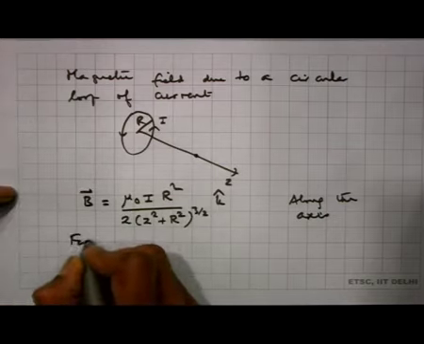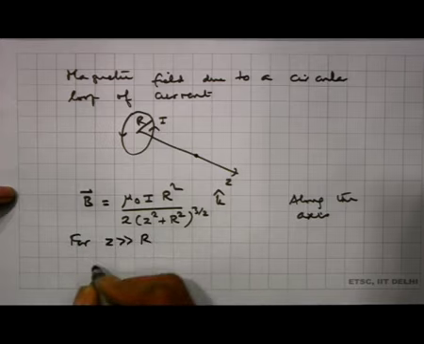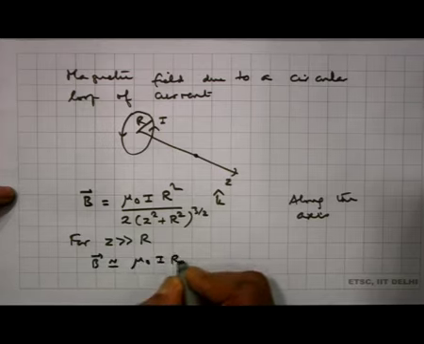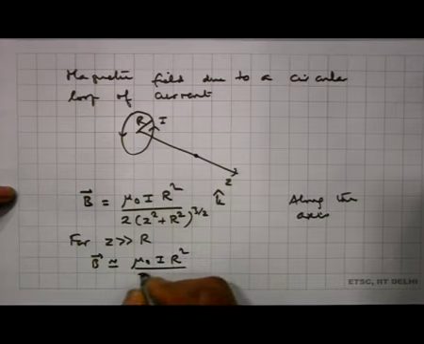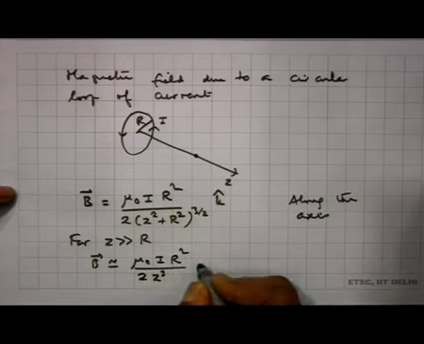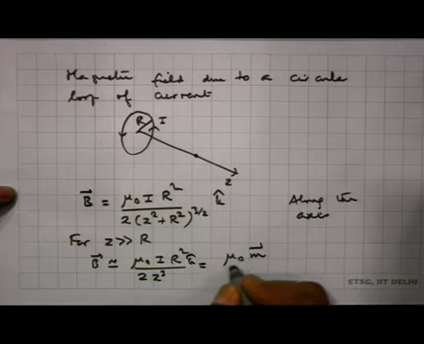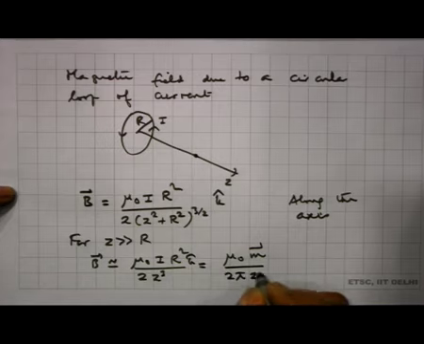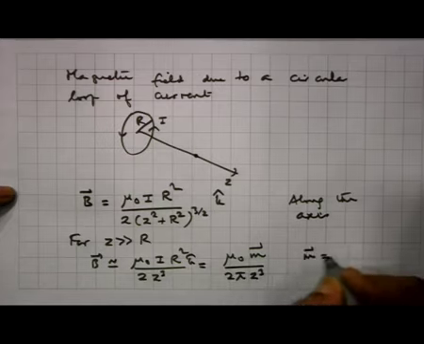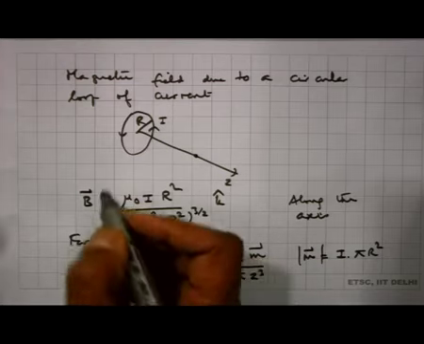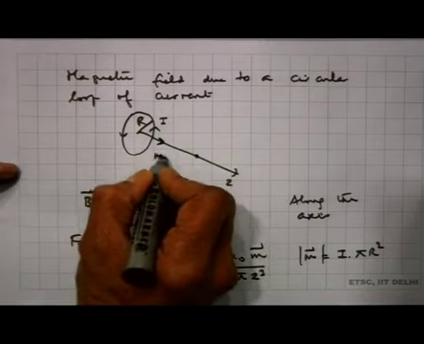For z much greater than r, B is approximately equal to mu naught I r square by 2 z cube, which I wrote as mu naught m k cap by 2 pi z cube, where m is the magnetic dipole moment, which is I into pi r square, and the direction is given by the right-handed screw rule.